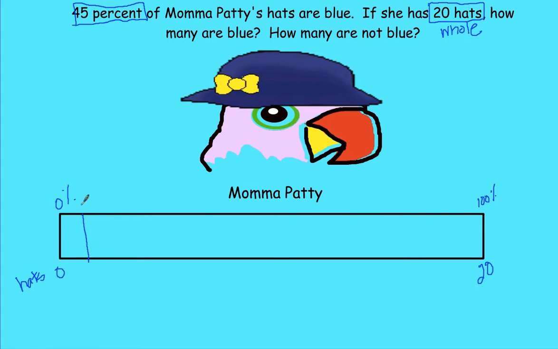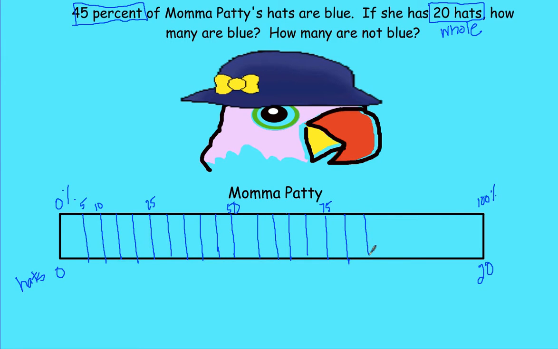So we can do 5, 10, 15, 20, 25, 30, 35, 40, 45, 50, 55, 60, 65, 70, 75, 80, 85, 90, 95, 100. So we'll move that in a little bit so it makes it a little bit nicer.